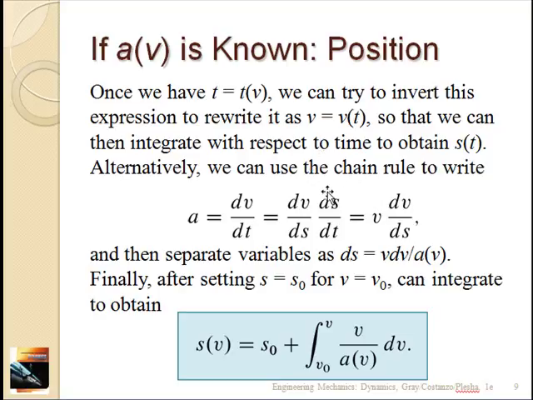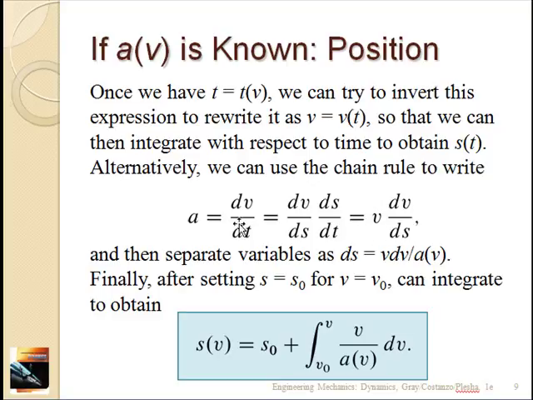But we can also use the chain rule. We can write a is dv dt, which is dv ds times ds dt, and ds dt is v, right? So this becomes v times dv ds. So the acceleration can be written as v dv ds. So we can write ds as v dv over a of v, right?